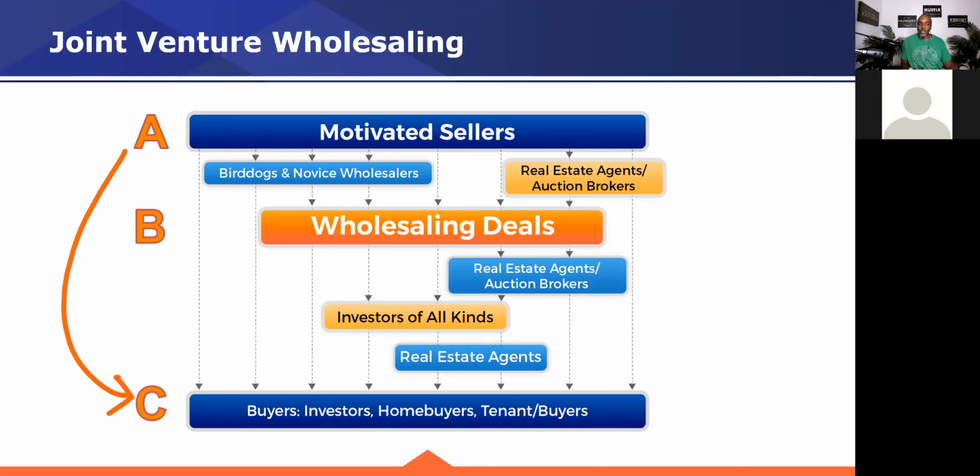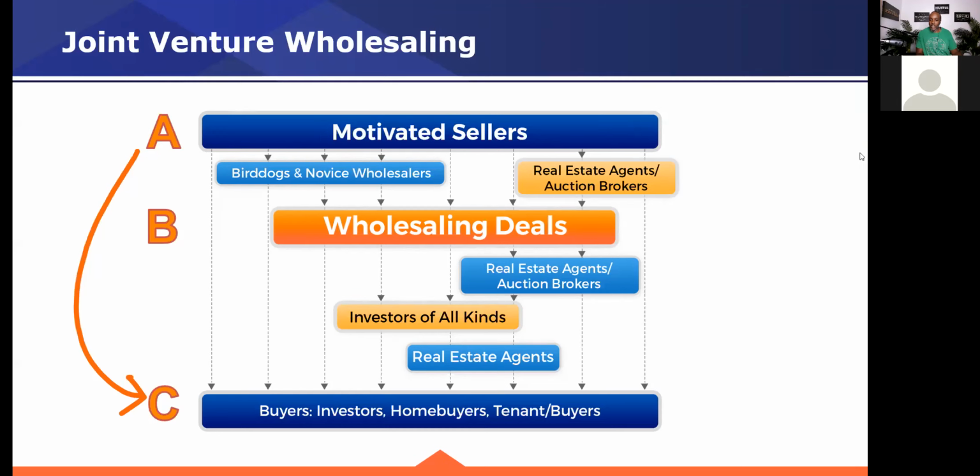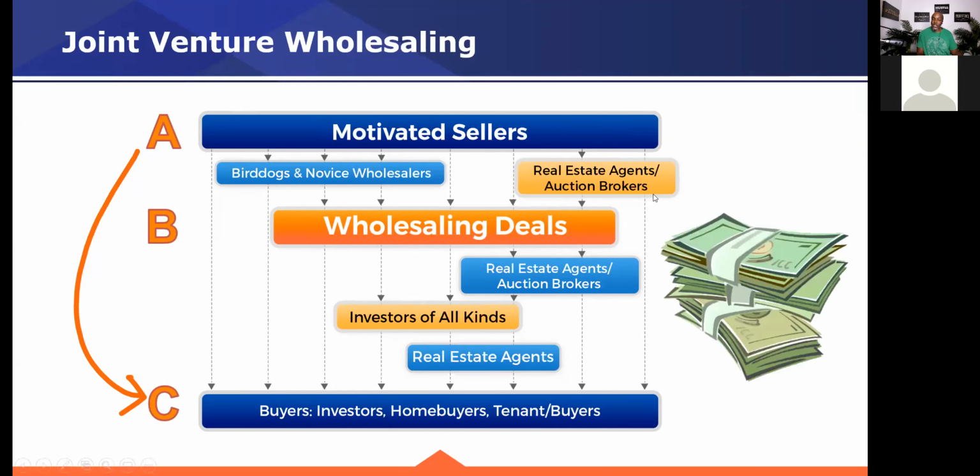But that's joint venture wholesaling in essence, is when you have, again, a wholesaler and you have another party that is willing to work together to make a deal happen, connecting the motivated seller A to wholesale buyer C, and you, the wholesaler B, being in between, needing another party to help you to connect the seller A to the wholesale buyer C. So that's what joint venture wholesaling is.